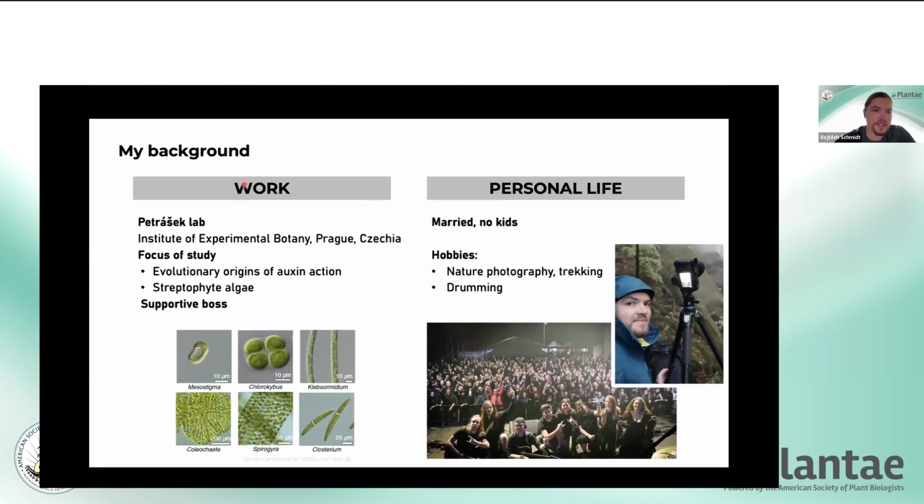So, the aspects of my work: I was working in the group of Jan Petrášek at the Institute of Experimental Botany in Czechia, and I was focusing on the evolutionary origins of auxin action, mostly using streptophyte algae as models.